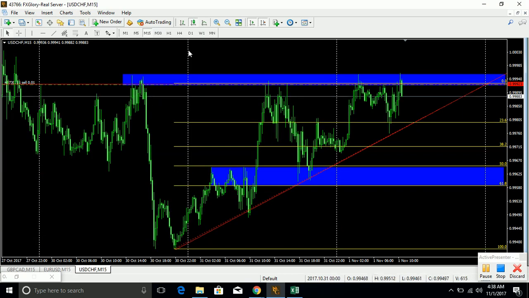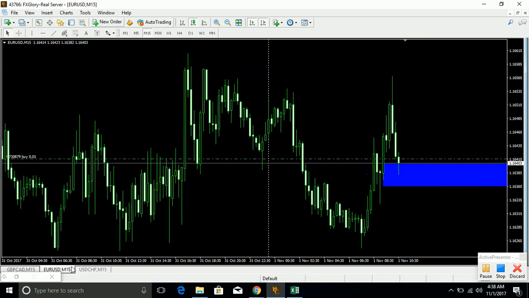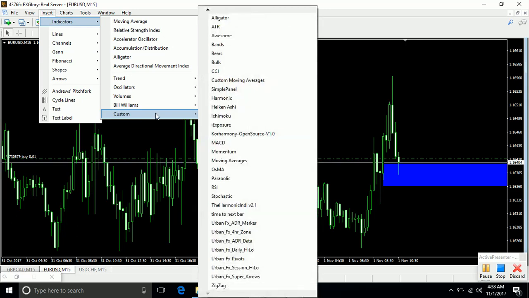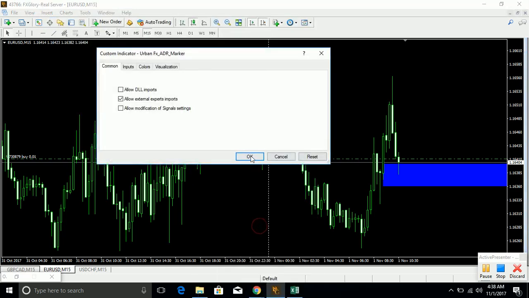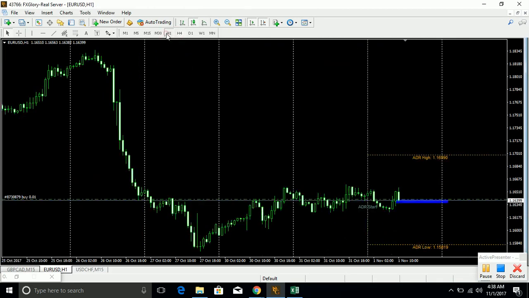Here's our US dollar CHF. Here's our pound CAD. Here's our EUR/USD. I'm going to add an indicator on here to use for the ADR high and low. So using this, you can look for our high to be somewhere right there.